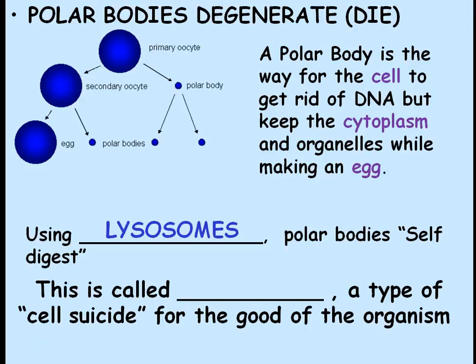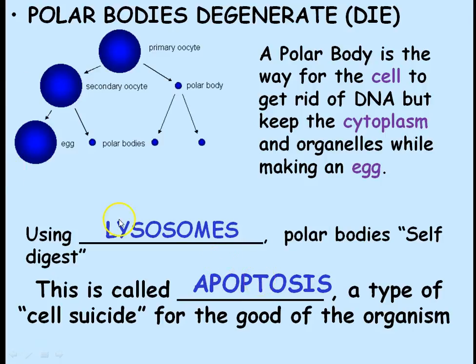Remember, lysosomes contain those enzymes that will digest anything that we don't need in the cell. So these small polar bodies will go through programmed cell death, or what we call apoptosis. This is actually for the good of the organism. They are giving all the good cytoplasm to one egg for the good of the baby. Okay, so this is actually a good thing, right?